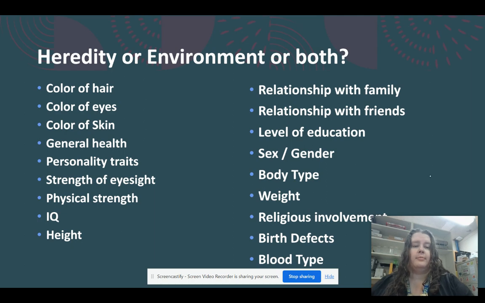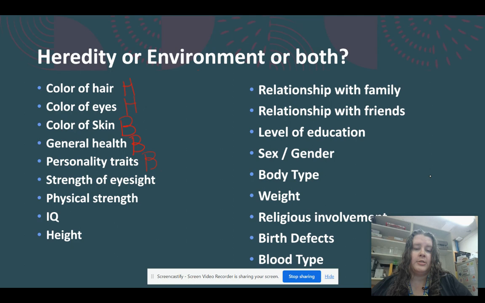Color of hair is heredity. Color of eyes is heredity. Color of skin, I'm going to say both because it is heredity, but a lot of people will get tanner in the summer, which is an environment thing, right? General health, both. Personality traits can be both.